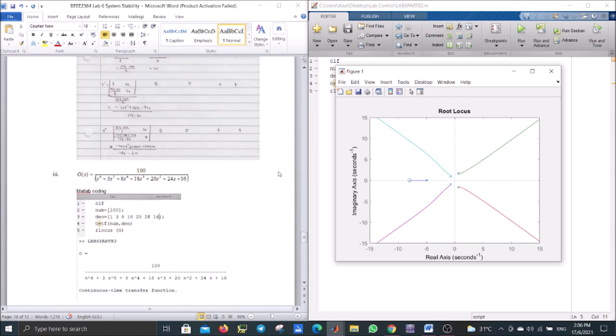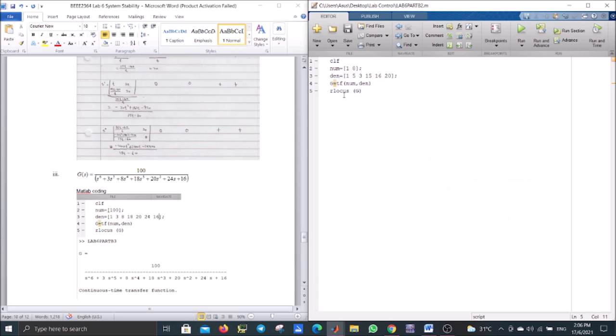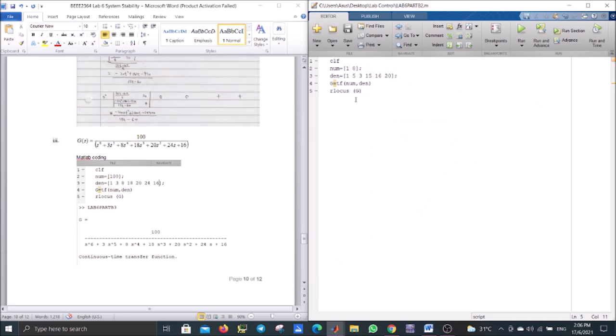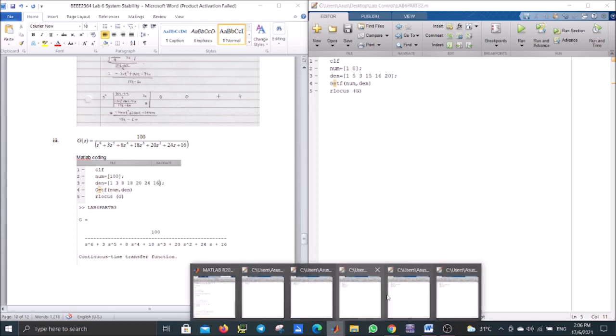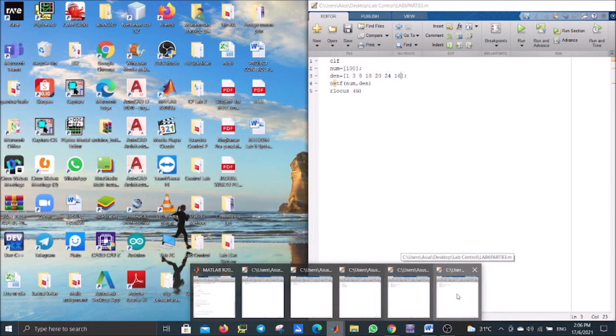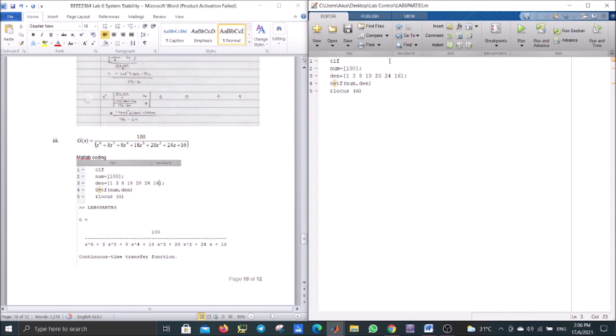And for part 3 it is the same. So I need to change the numerator to 100, and the denominator is 1, 3, 8, 18, 20, 24, and 16. And as you can see over here is part B3, so 100, 1, 3, 8, 18, 20, 24, 16.